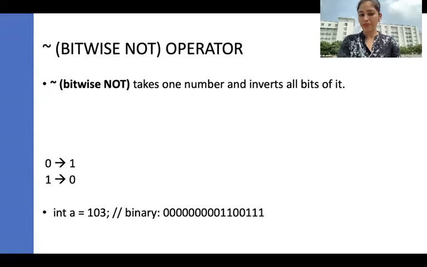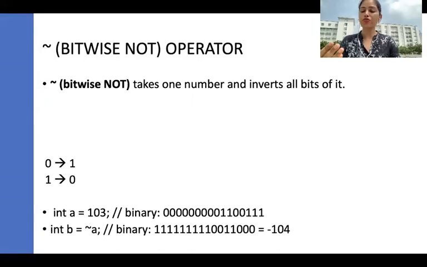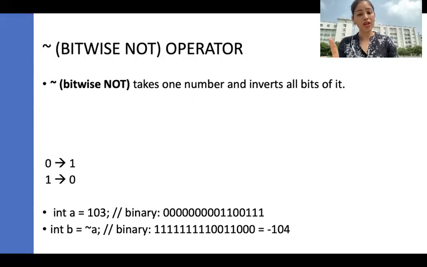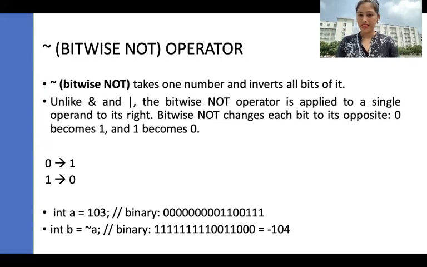Okay. For example, you have the decimal number 103, and you convert it into binary, you will get this value, which is 11001111. And if you perform the reverse of the bits, 0 to 1, 1 to 0, you will get the answer as minus 104. Okay.